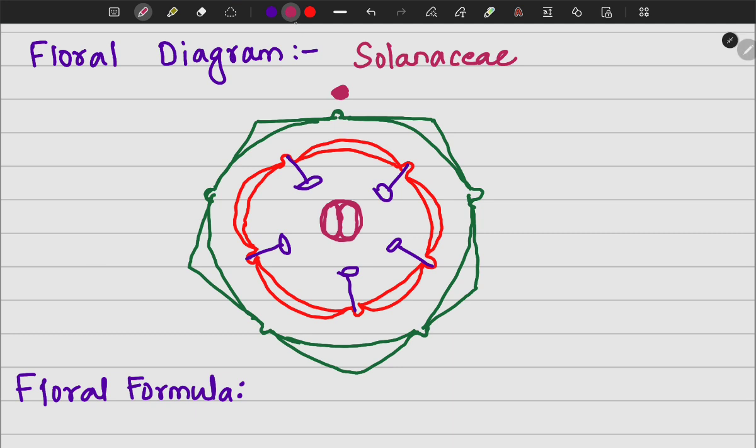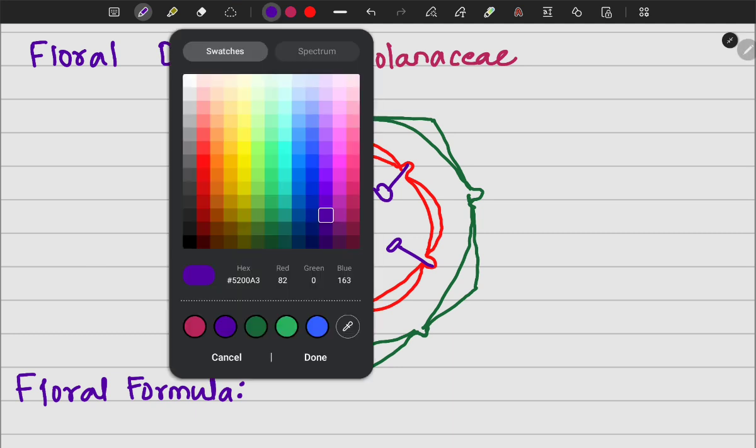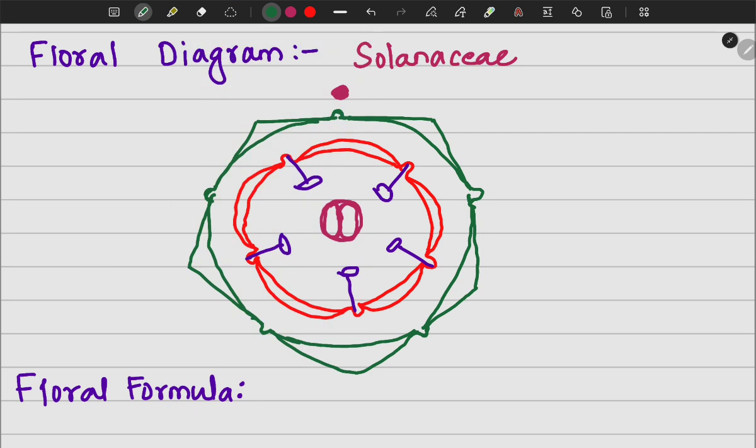Now let us write down the floral formula. So we will start with the symmetry or the type of flower. So this flower possesses radial symmetry or actinomorphic. Then the flower is bisexual, right?